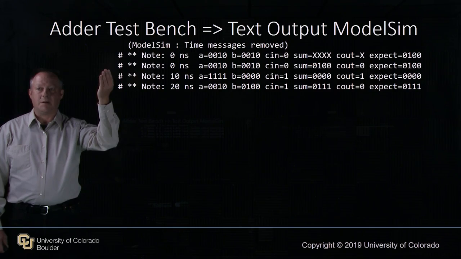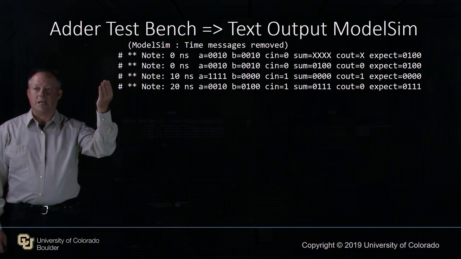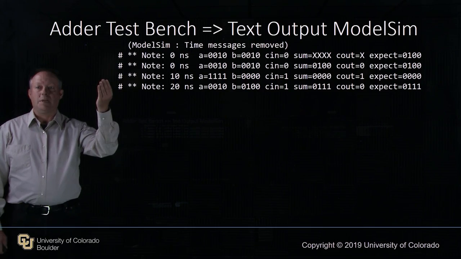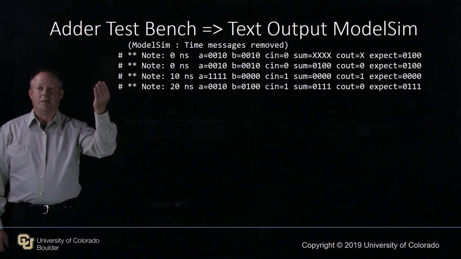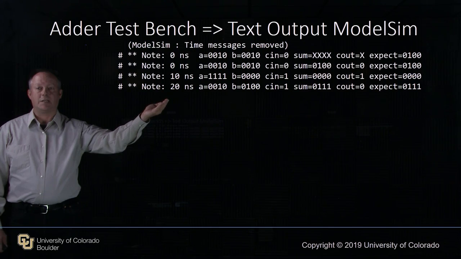So the clock tick has been updated. At our next clock tick of 10 nanoseconds, we have A of F, or 15, B of 0, carry in of 1, and our sum result output is all zeros, and our carry out in our text message has kicked over to the 1 value.